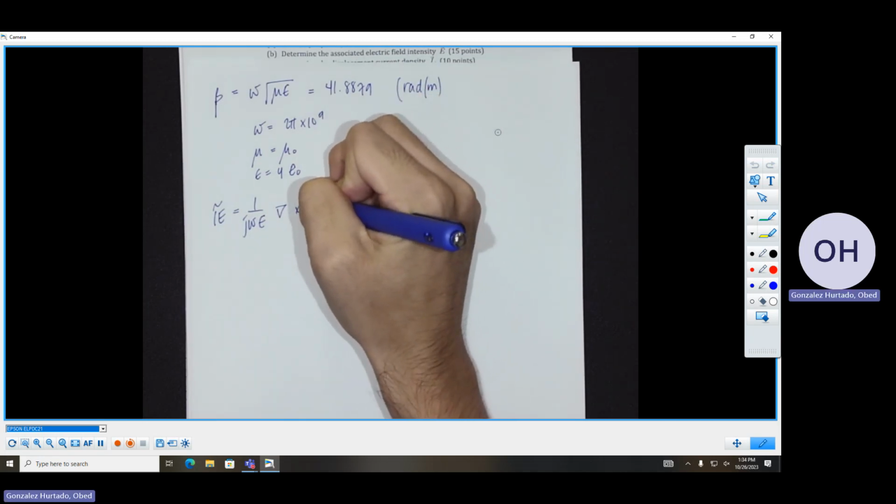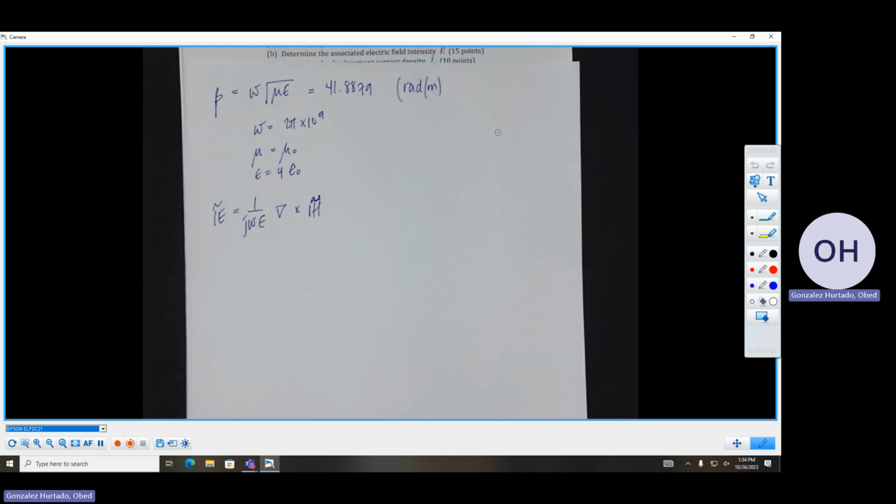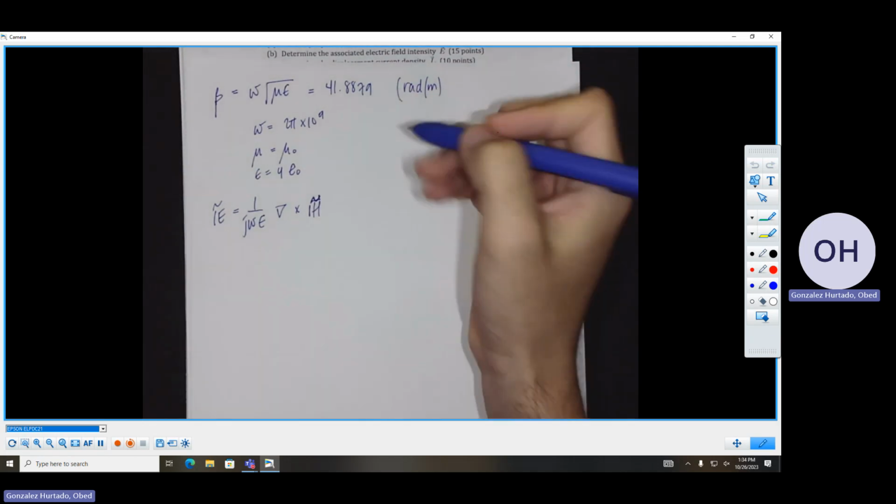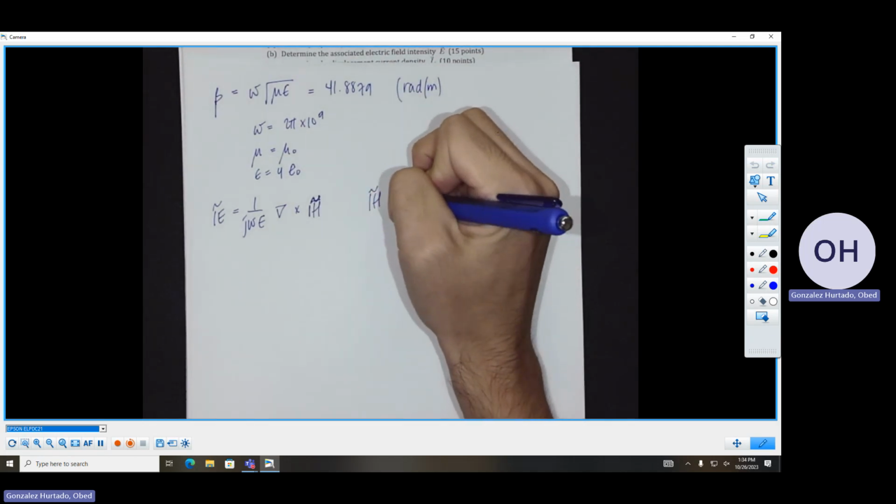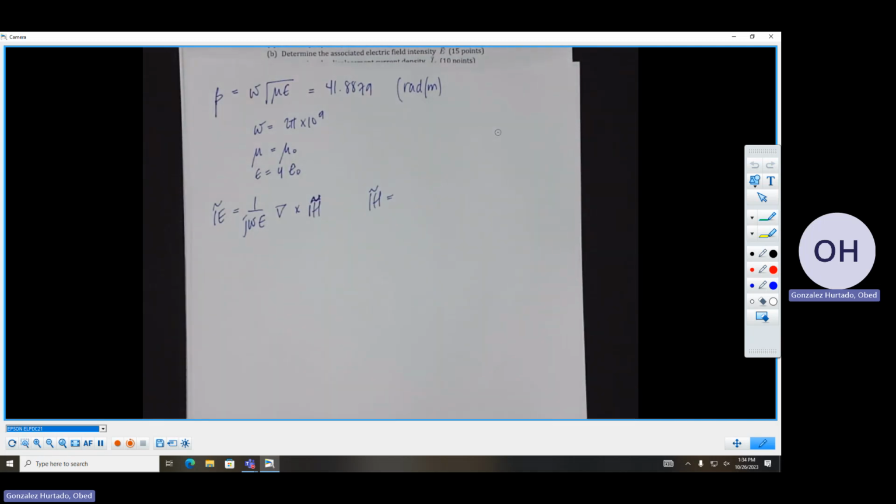That squiggle. Is there a reason you're drawing the line? Yes, because it's bold, because it's a vector. The extra line is for boldness for the vector, and the squiggle is for it being complex, a phasor.